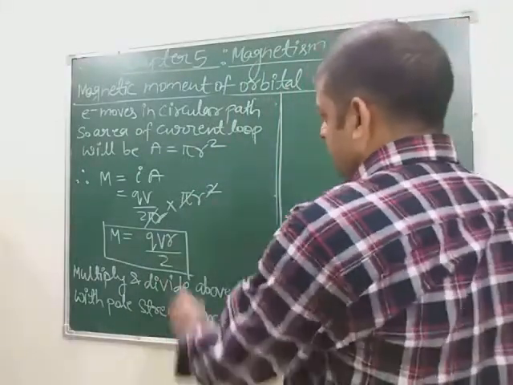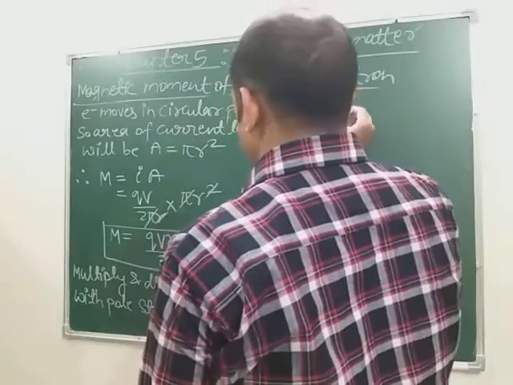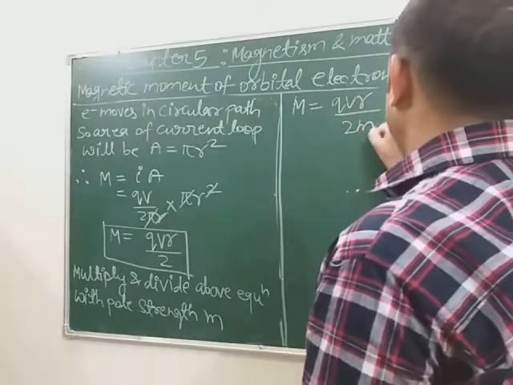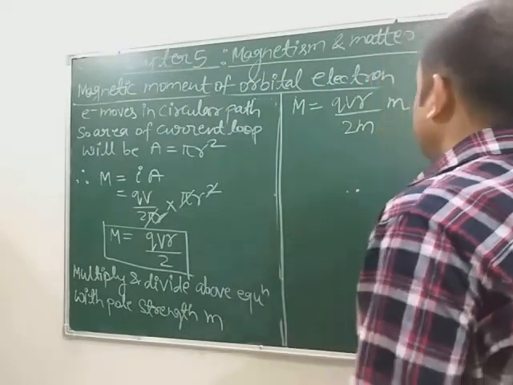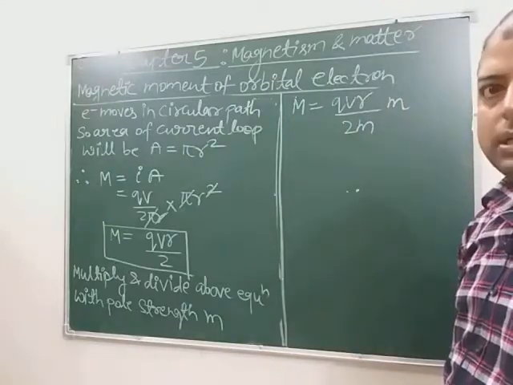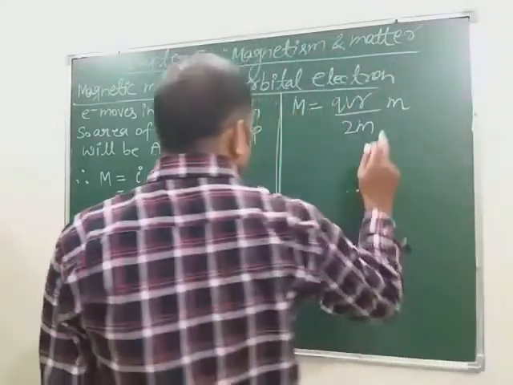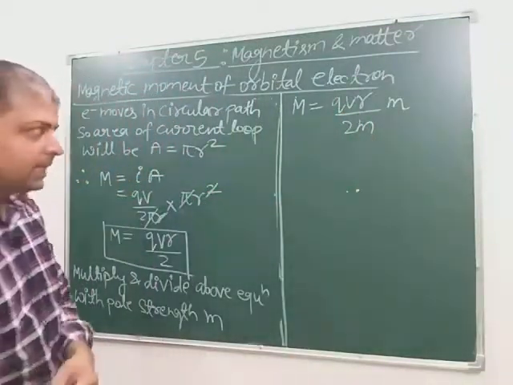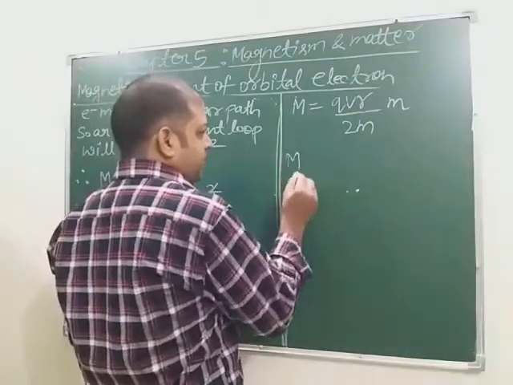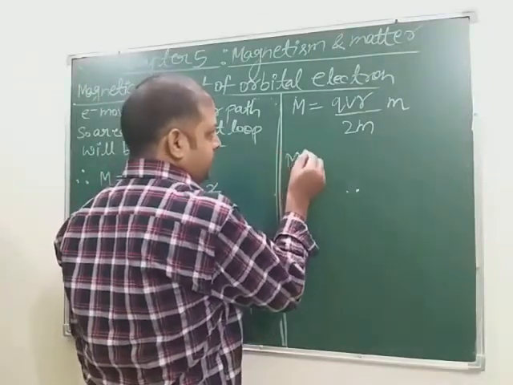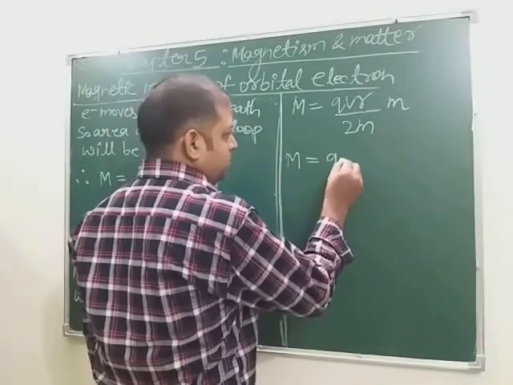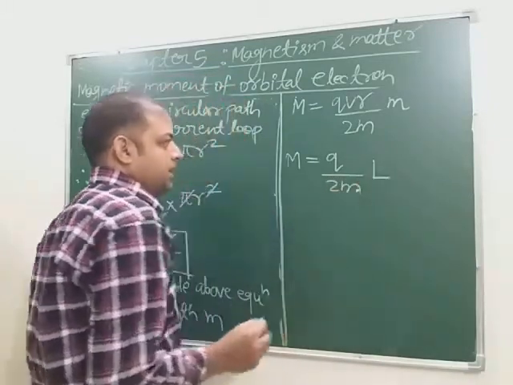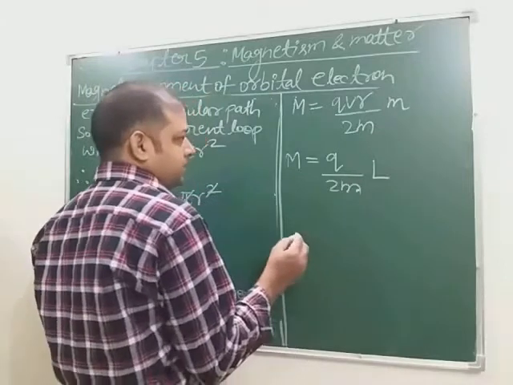Multiply by m, so it will look like this: M is equal to qvr upon 2, multiplied by m and divided by m. Now mvr is called angular momentum. So we can write here M is equal to q upon 2m into L, where L is angular momentum.